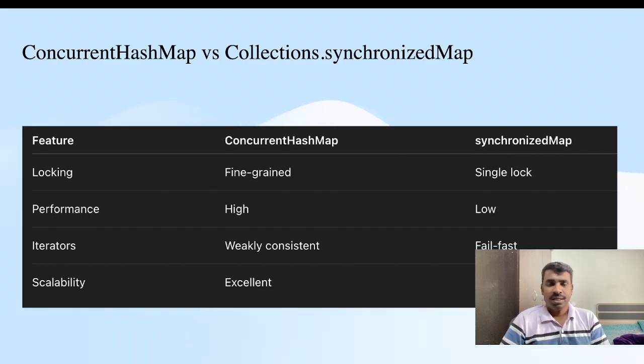Similarly, Hashtable also has a single lock. Performance wise, ConcurrentHashMap is high performance, synchronizedMap is low performance. Iterators are weakly consistent in ConcurrentHashMap, fail fast in synchronizedMap. Scalability is excellent in ConcurrentHashMap, poor in synchronizedMap.